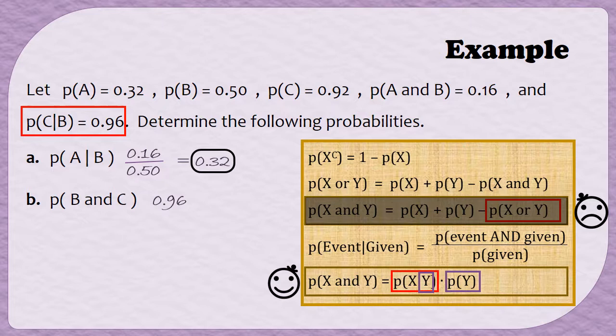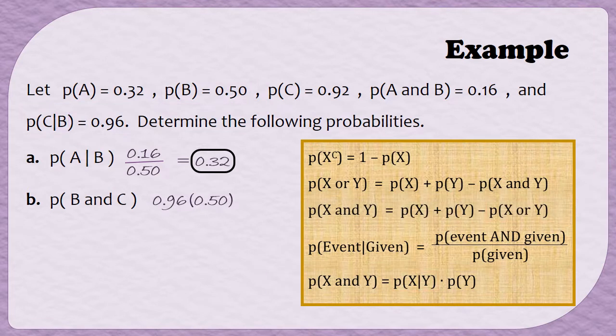So when I look up at what I've highlighted in red on the left, the probability of c given b, the b is the given information in this probability. So that means I need to find the probability of b. The probability of b was 0.50, so that is what I'm going to multiply by. When I multiply it out, I end up getting a 0.48.